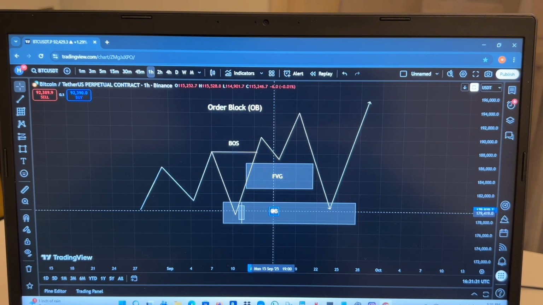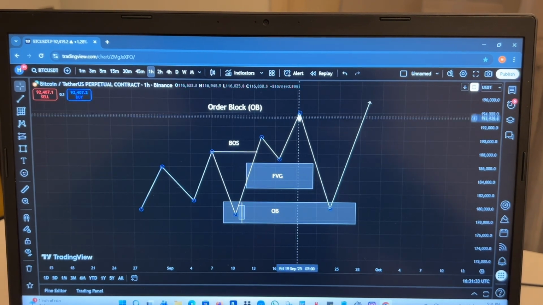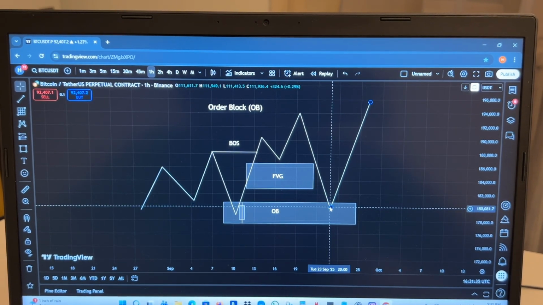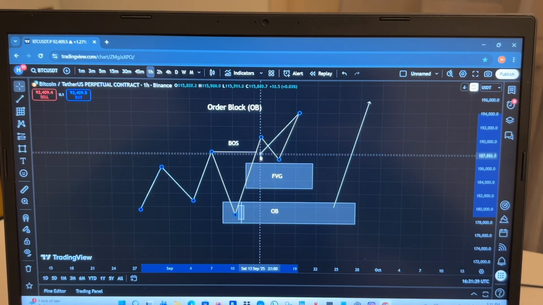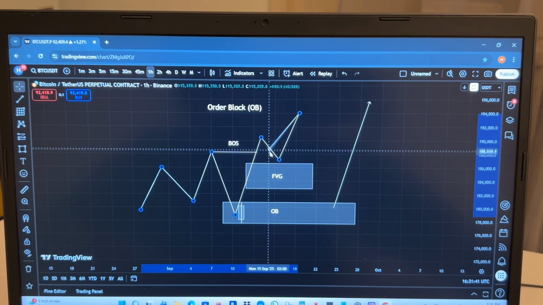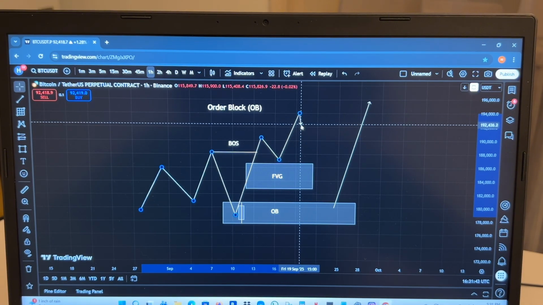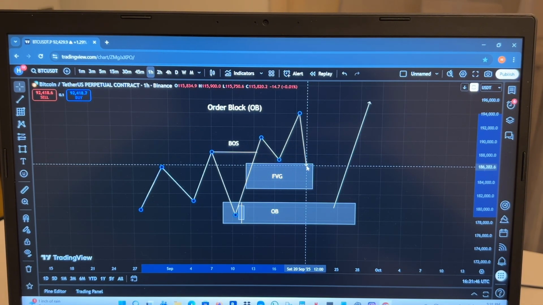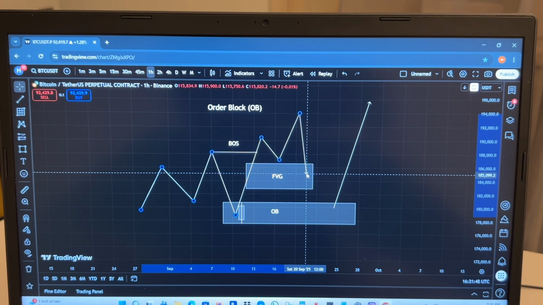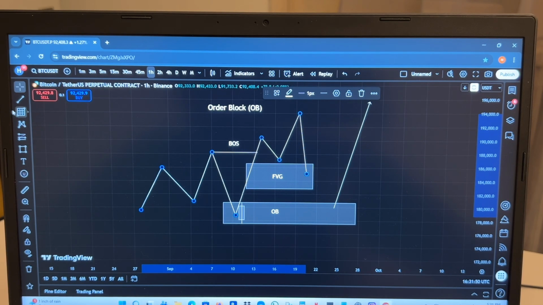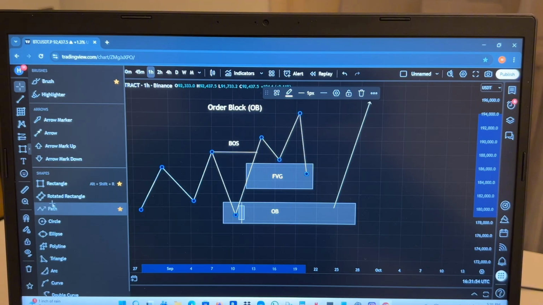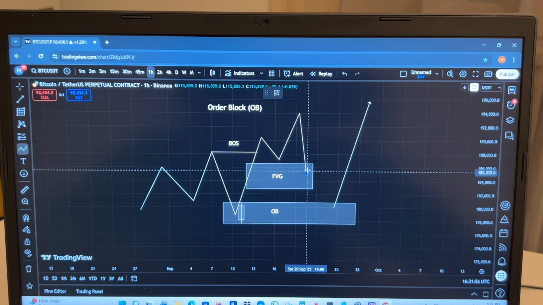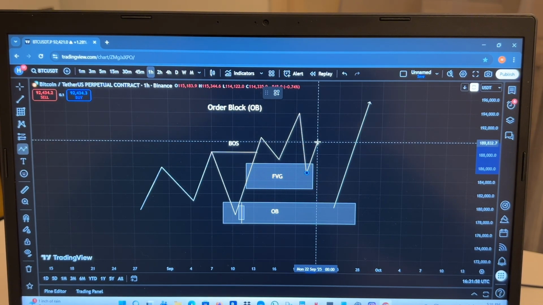Let's say the market has made this BOS confirmed, and then it went up, and then it's going to come back, fill this FVG, and show all the other traders that it's about to go up, even though it pumped up.